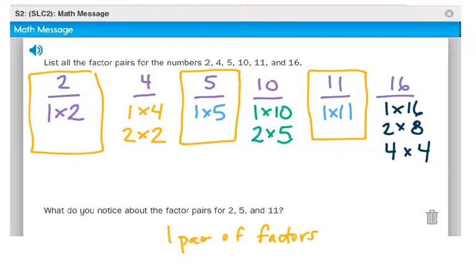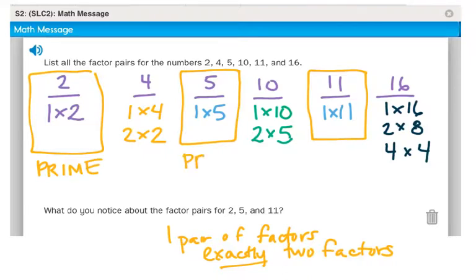They have exactly 2 factors, where the other ones have more. And we give a special name to these. These are what we call prime. These are prime numbers. Prime number means it has exactly two factors, 1 times itself.